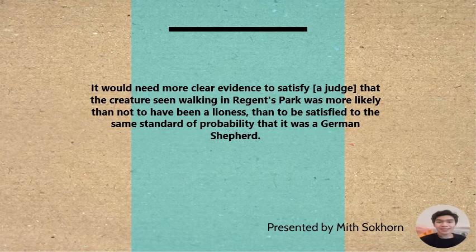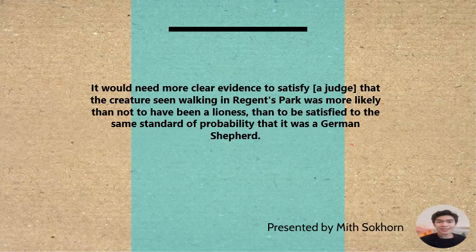than to be certified to the same standard of probability that it was a German Shepherd. For this example, it means that if you gave evidence to the judge saying that the creature you saw walking in the forest was a lion, then he is likely to believe you.